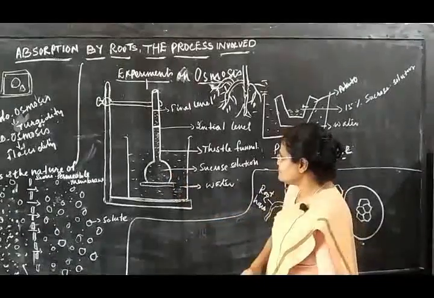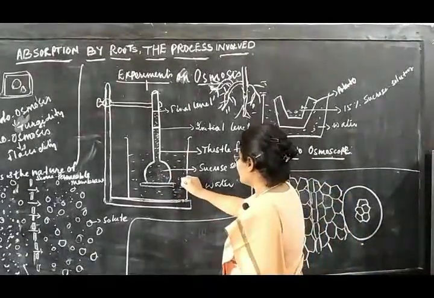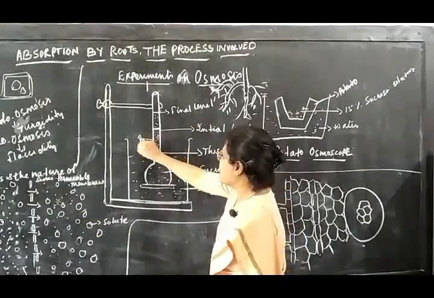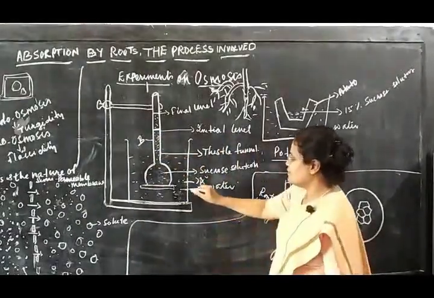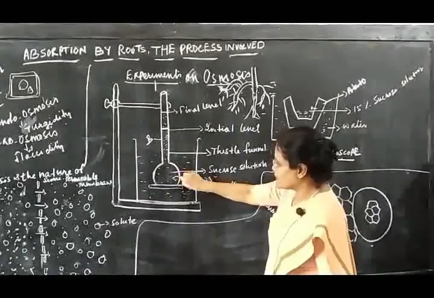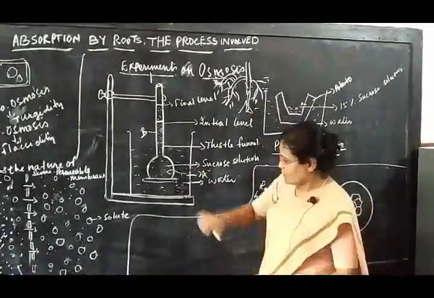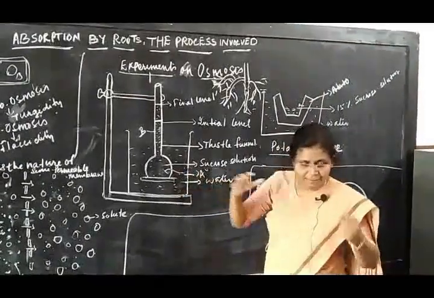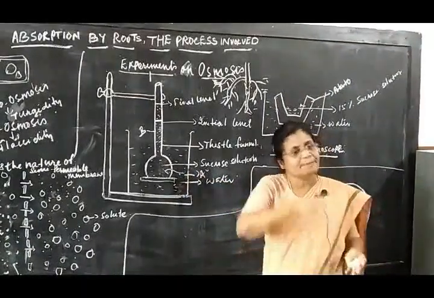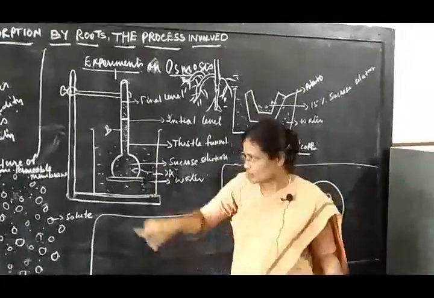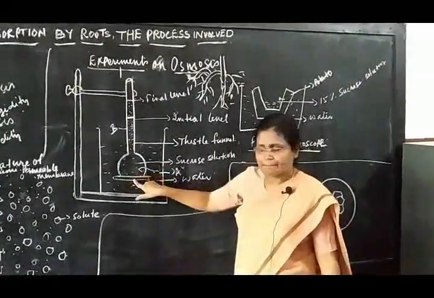Let us take the outside as A, inside as B. So, the movement of water will be from A to B, because osmosis is movement of water molecule from the region of high concentration, meaning where there is more water, to where there is less water, through semi-permeable membrane.